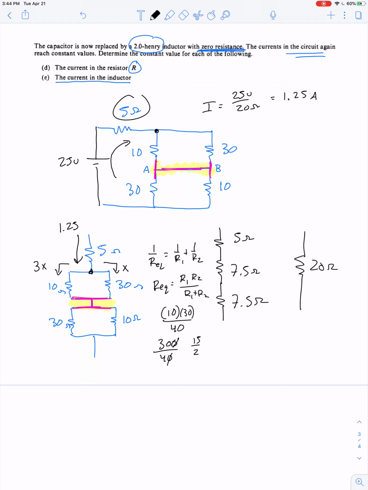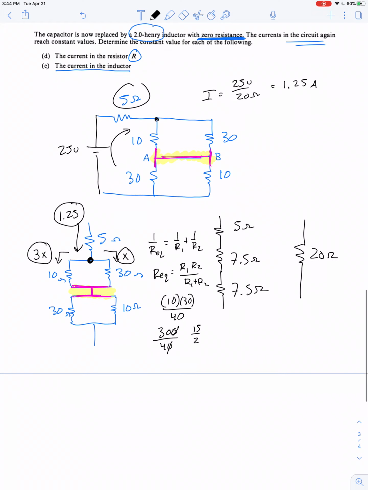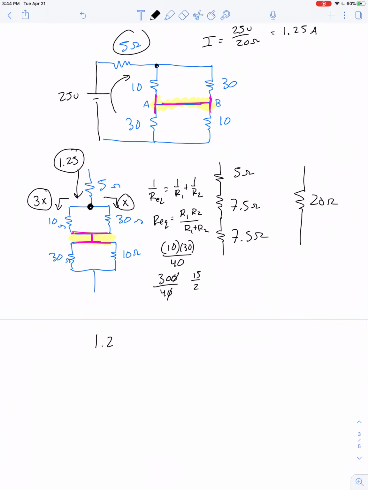So applying Kirchhoff's junction rule to this point, the current flowing in is 1.25 amps, and the current flowing out is a total of 3x plus x. So Kirchhoff's junction rule says 1.25 amps in is equal to 4x flowing out. Let's see, what's an easier way to say 1.25?